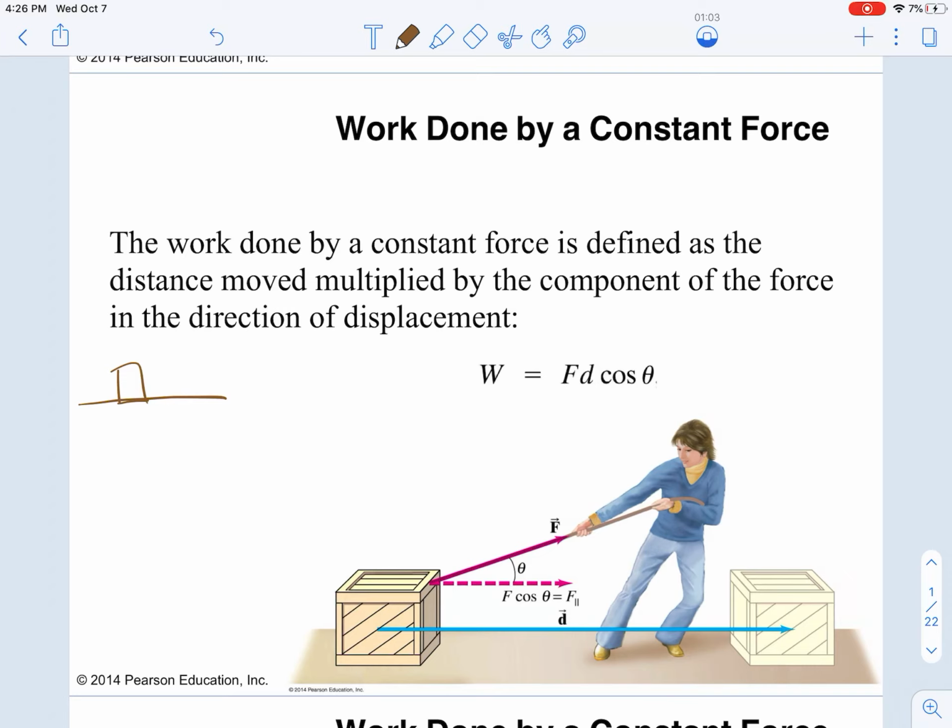So vertically, we have the force due to gravity and the normal force, those would be balanced. So we have vertical equilibrium, but let's focus on the horizontal force here.